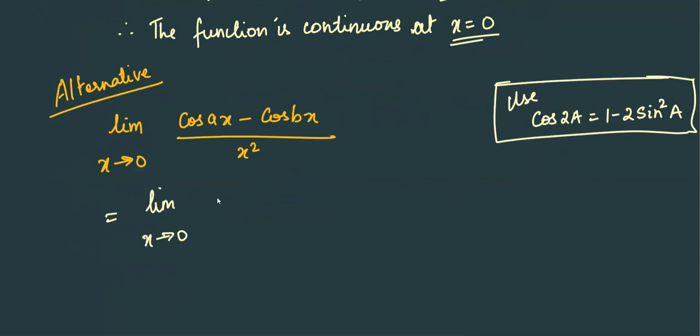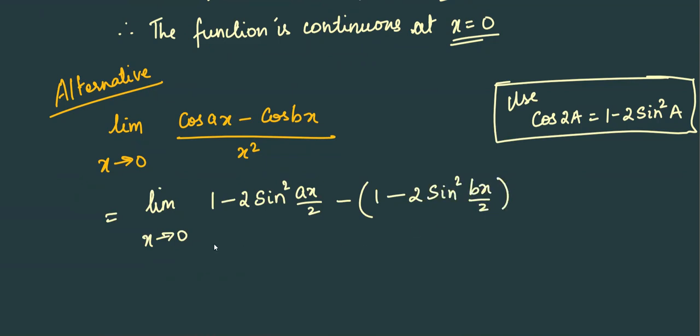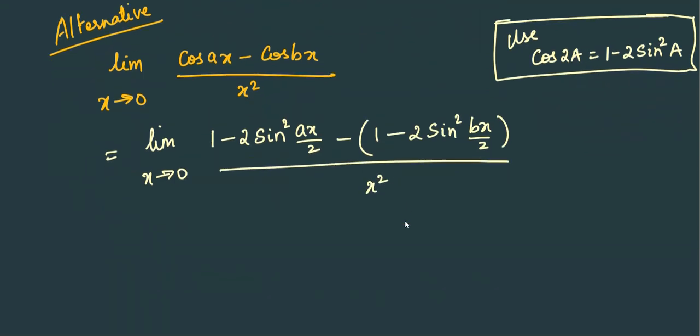So you get (1 minus 2 sine square ax upon 2) minus (1 minus 2 sine square bx upon 2) upon x square. So you get limit x tends to 0, the 1 and minus 1 cancel.